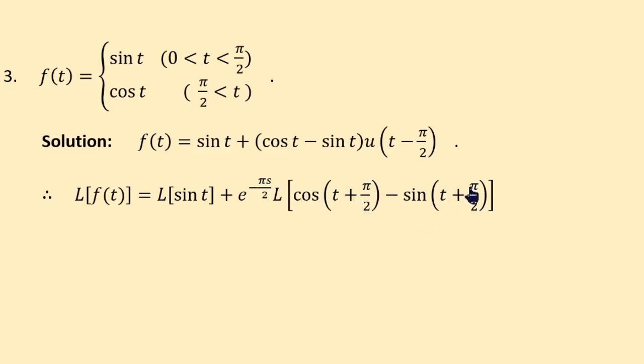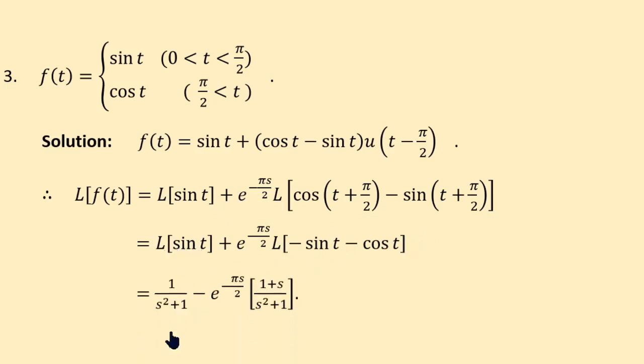And sin t plus pi by 2 in the second quadrant is positive, but sin becomes cos here, therefore it is cos t, and this minus remains. So minus sin t minus cos t; take minus outside: minus e power minus pi s by 2 into the Laplace transform of sin t plus cos t.